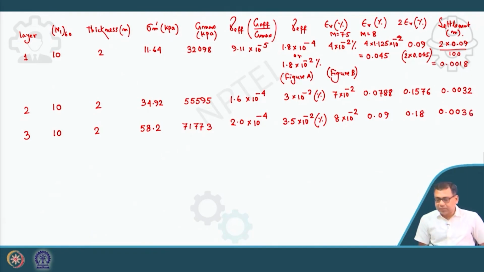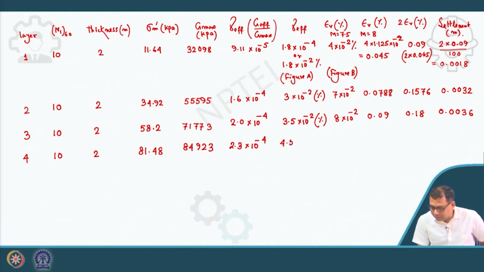The settlement is 0.0036. Okay. Now for layer 4, this is 10, this is 2, then this value is 81.48, then G max is 84923, then this term is 2.3 into 10 to the power minus 4, then effective shear strain is 4.2, it is in percentage.